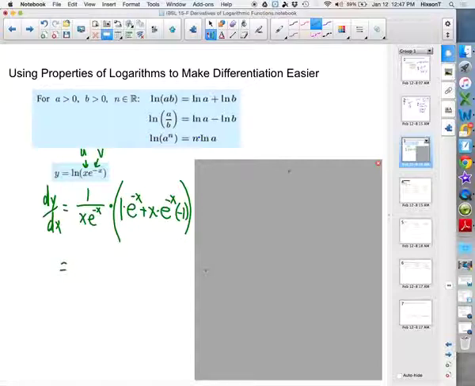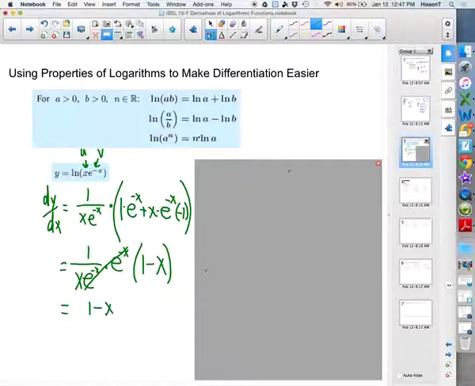We've got 1 over x e to the negative x times, we could factor out an e to the negative x, and we'll get 1 minus x. And then, hey, what do you know? There's an e to the negative x we could cancel. So now I just have 1 minus x over x. That's not too bad. Can you split up natural log of x plus natural log of e to the negative x? Yes, and that's a whole lot easier. This is what would happen if we forget about these rules.